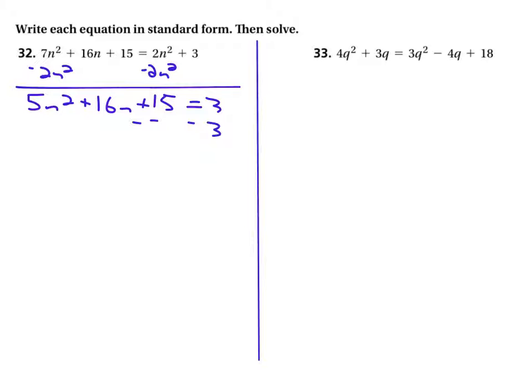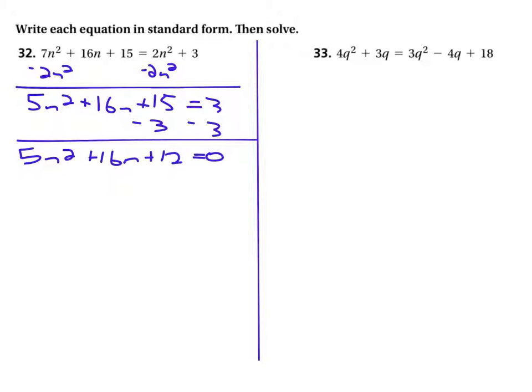And now we have to subtract that 3 away as well, and we get 5n squared plus 16n plus 12 equals 0. That's the form we want it in. That is in standard form.